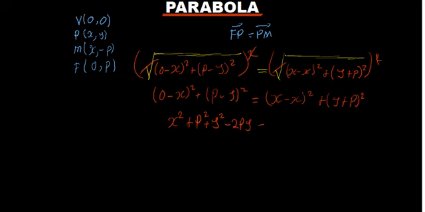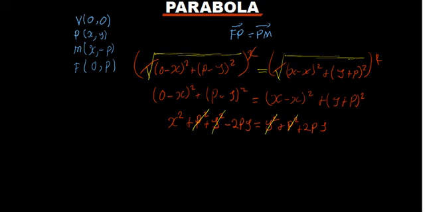Now x minus x is 0, so you just have to expand this part, and we get y squared plus p squared plus 2py. When we reach this stage, we realize there are some terms we can cancel out. The p squared goes and the p squared goes on the other side, the y squared goes and the y squared goes on the other side as well.